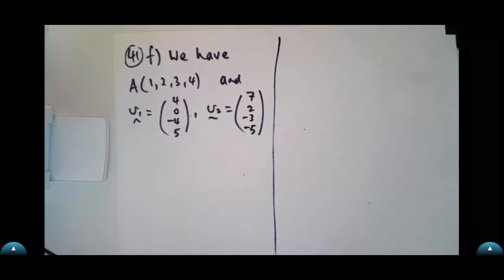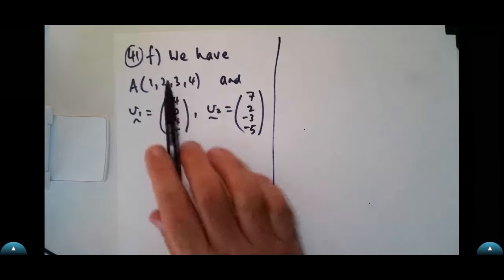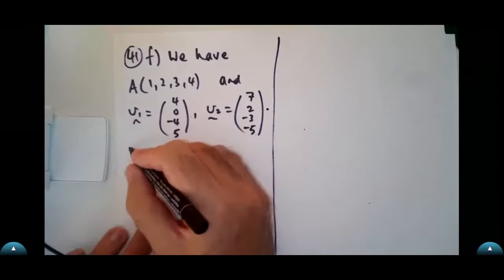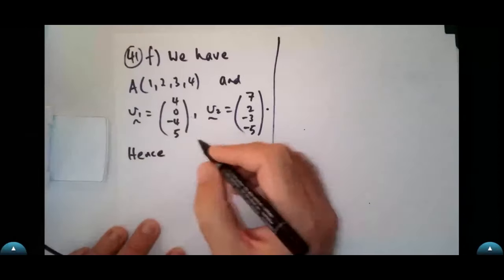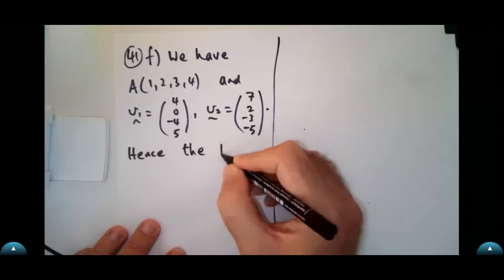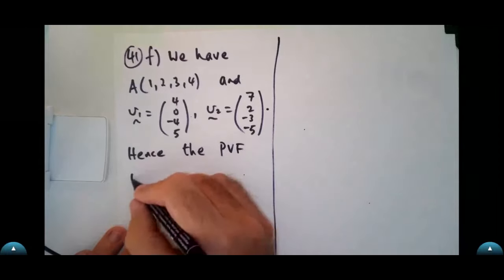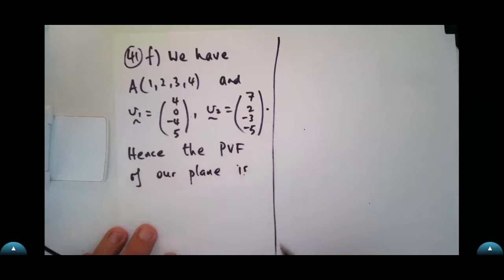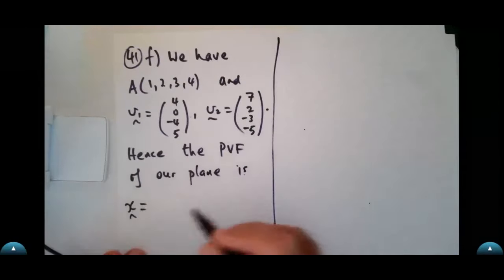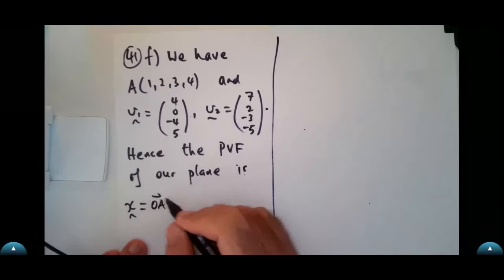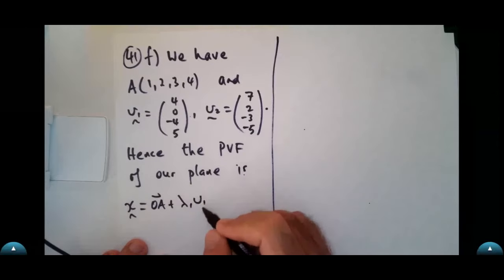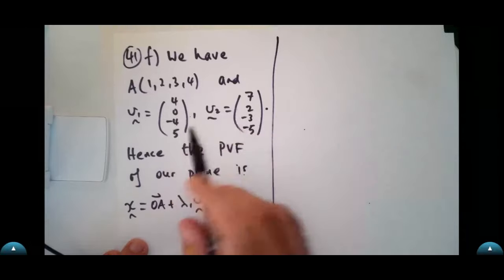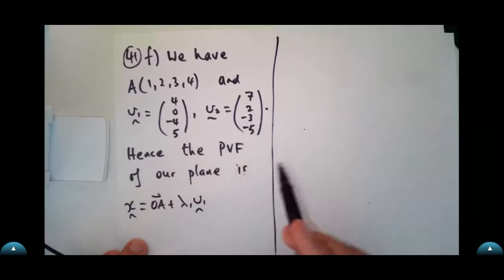Okay? So actually we've got all the bits for our plane right here. So the parametric vector form of our plane is, well, we know the general form. Now, I didn't check to see if these were parallel or not, but they're obviously not, because there's a 0 here and a non-zero number there.